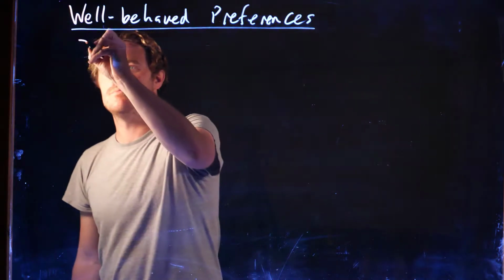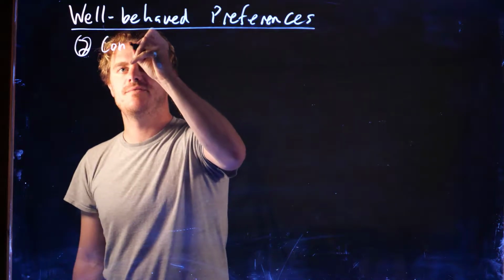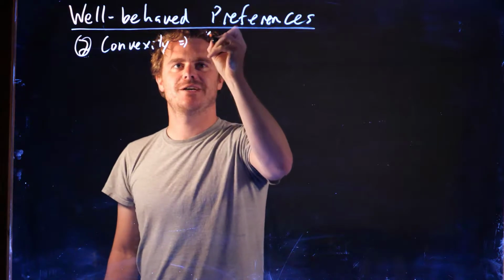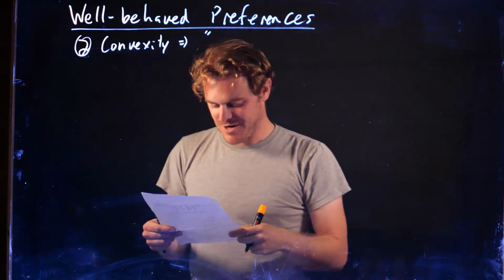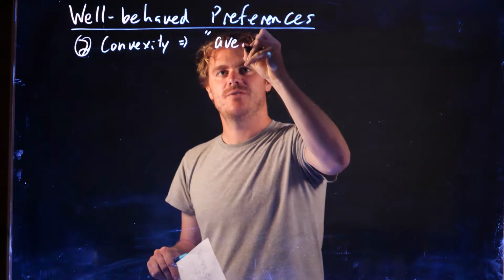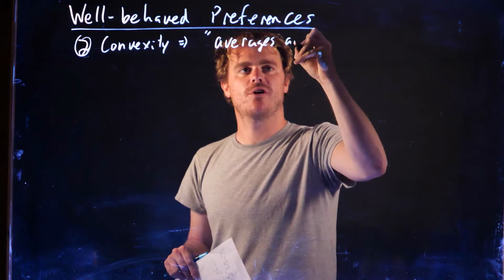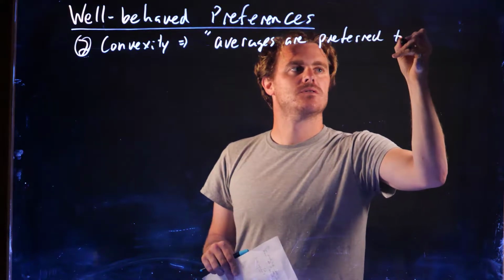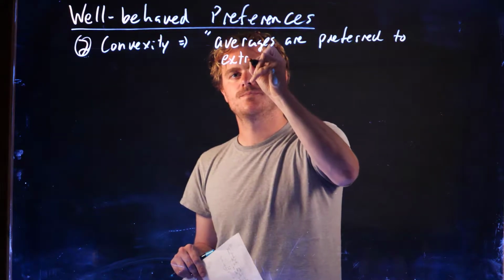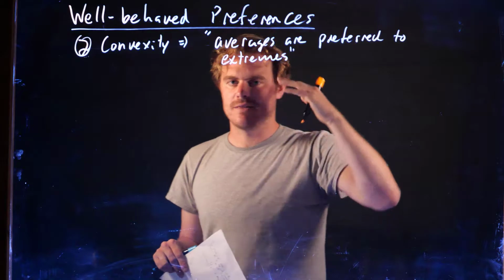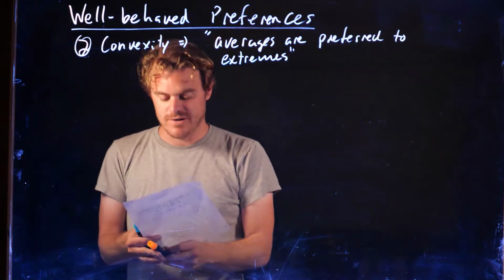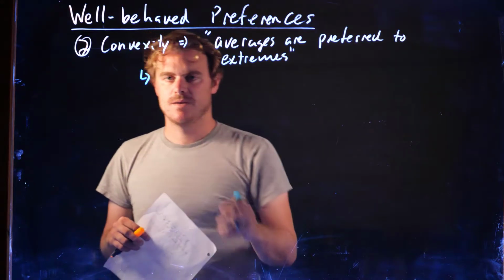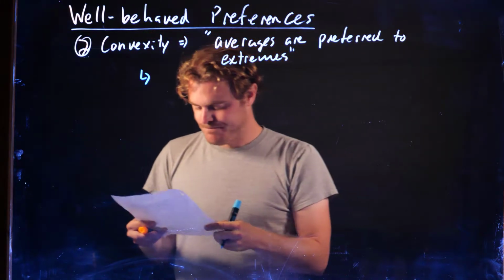So the second assumption that we're going to make is convexity. The idea is that averages are preferred to extremes. So that's the layperson's way of thinking about convexity. But again, let's be a little bit more precise.